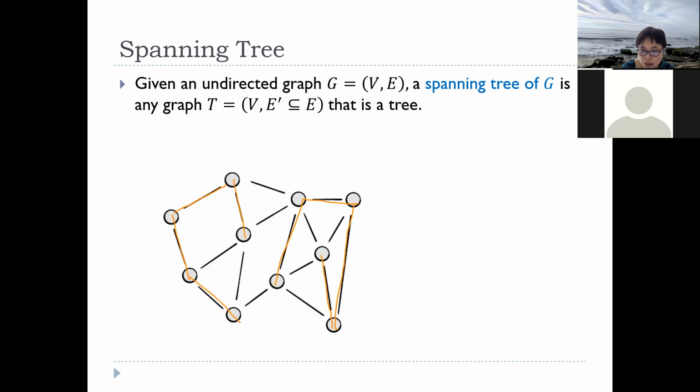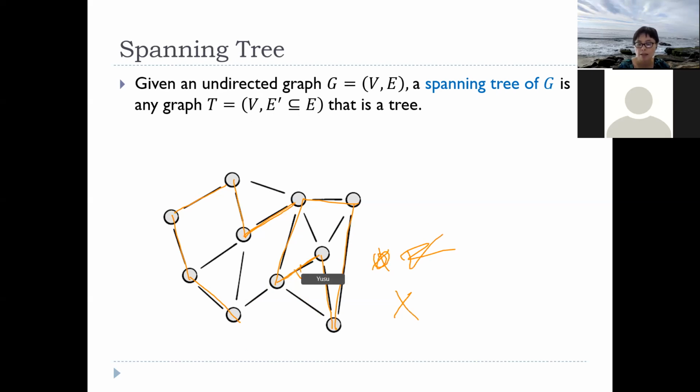So these orange edges don't form a tree. So this is not a spanning tree. If I add this edge, now this becomes a spanning tree. But if I also add this edge, then it's not a spanning tree again, because now I have a cycle inside. This edge is redundant basically.